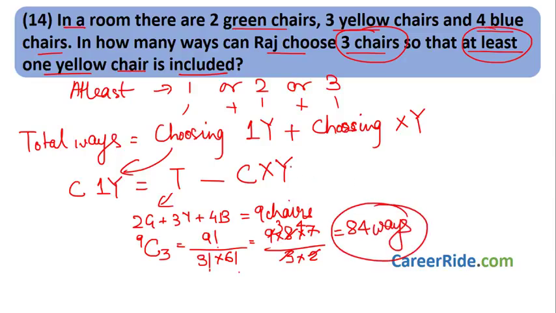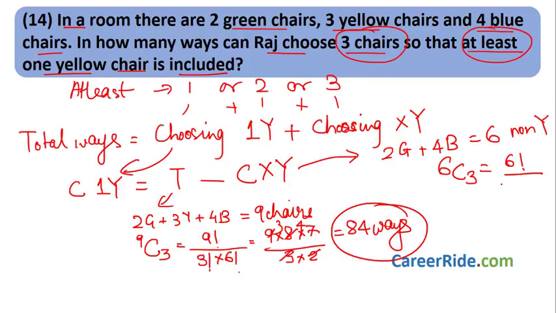Now, how many ways can we choose without even a single yellow chair? How many non-yellow chairs are there? 2 green and 4 blue. That is 6 non-yellow chairs. Out of these 6, we have to choose 3 chairs. 6 factorial upon 3 factorial into 3 factorial.